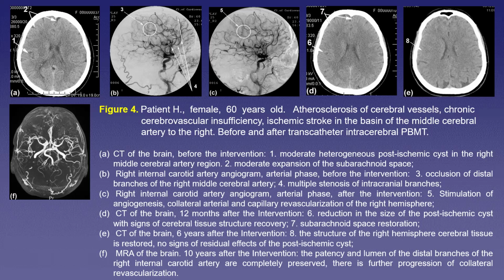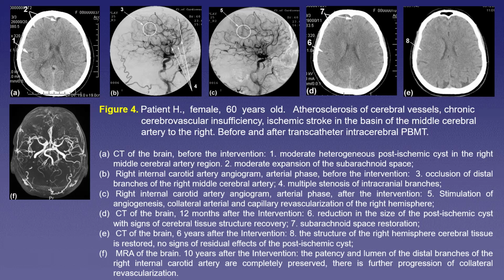In figure B, you see right internal carotid artery angiogram, arterial phase, before the intervention, which shows occlusion of distal branches of the right middle cerebral artery and multiple stenosis of intracranial branches. In figure C, you see right internal carotid artery angiogram, arterial phase after the intervention, which shows stimulation of angiogenesis, collateral arterial and capillary revascularization of the right hemisphere.